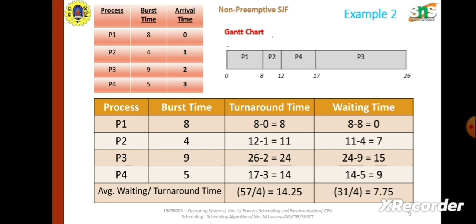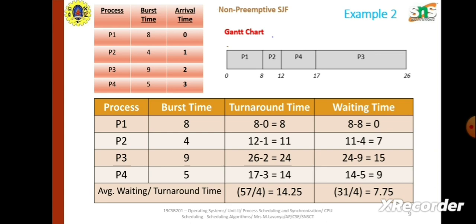In the last session itself we have seen how to solve the same problem under preemptive SJF. In general, if we solve the same problem under preemptive and non-preemptive SJF, preemptive SJF will result in minimal average waiting time.